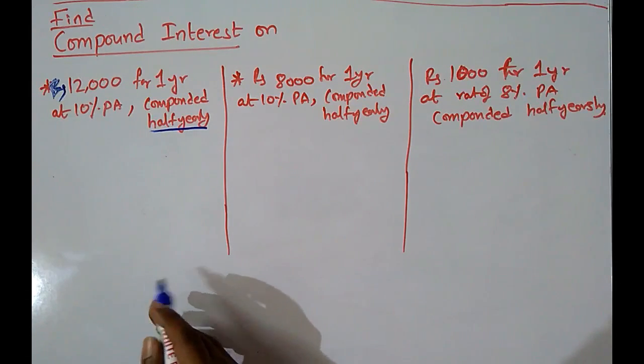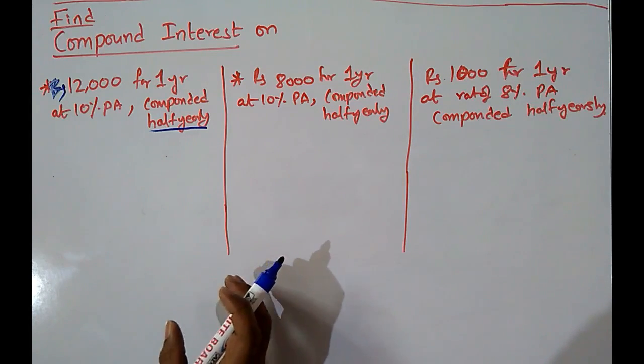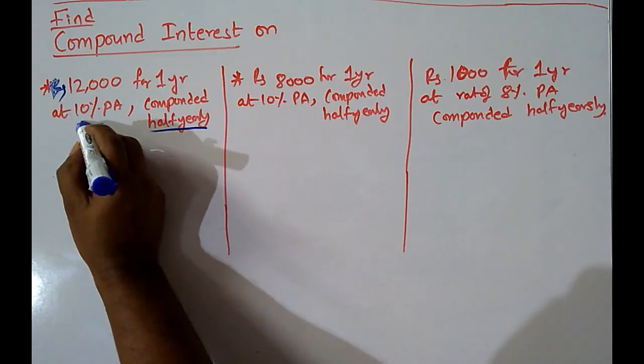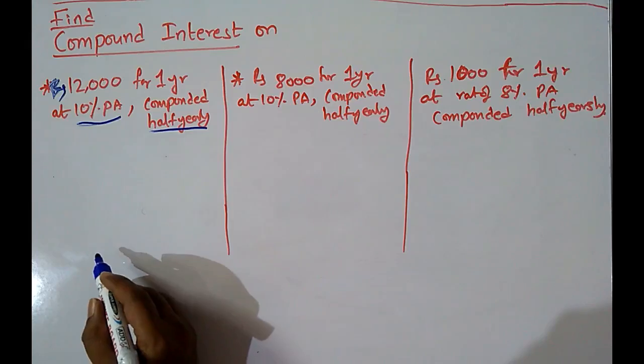So if the compound interest is calculated for every half of the year, that is of 6 months, we have to consider the rate of interest for the 6 months, not for the whole year.